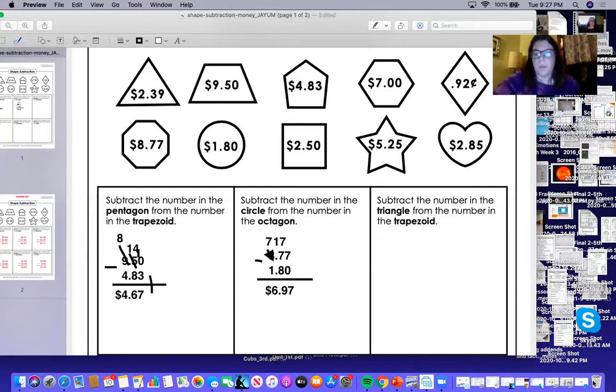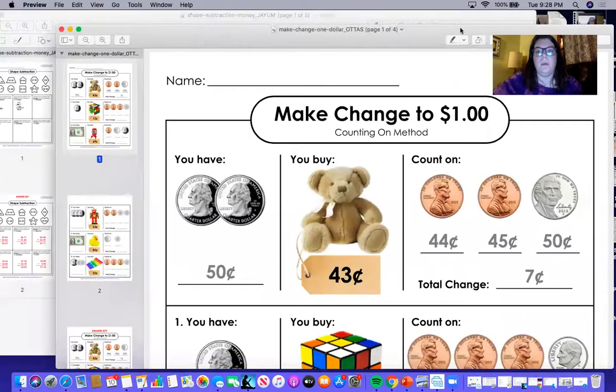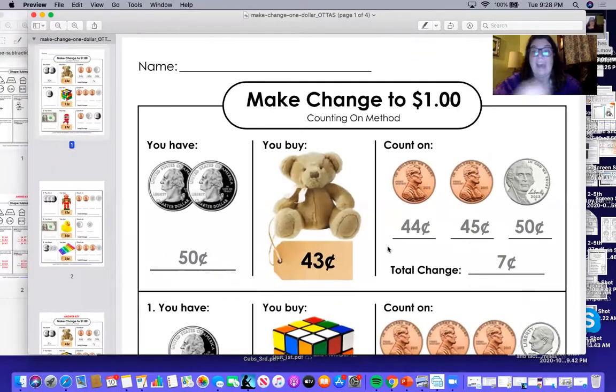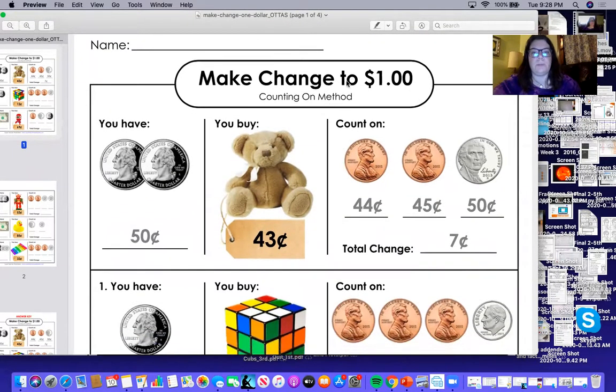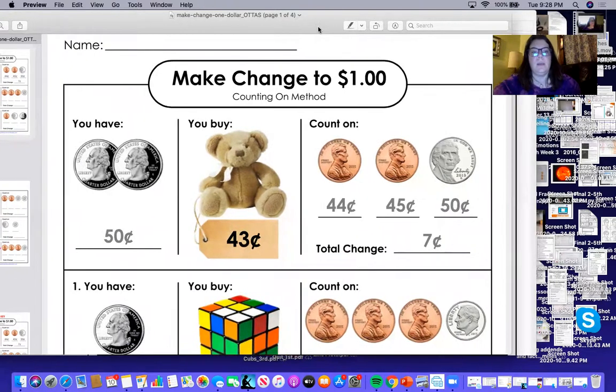Okay. So now let's talk about making change. So there's 2 ways we can do it. One way is counting on. So we'll practice that here with some small amounts. Make change up to $1, the counting on method. It says you have 50 cents.